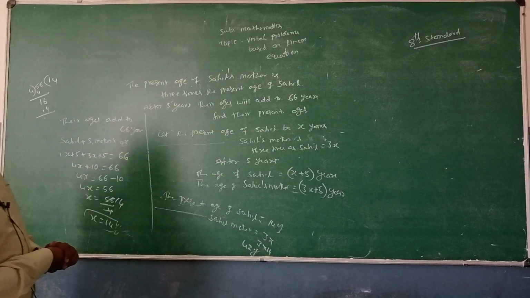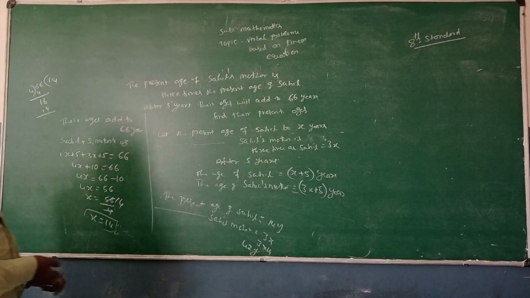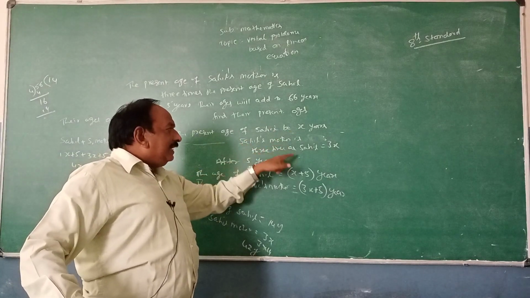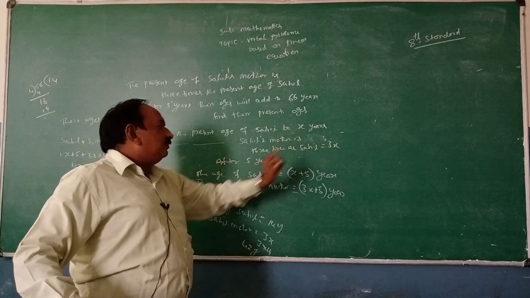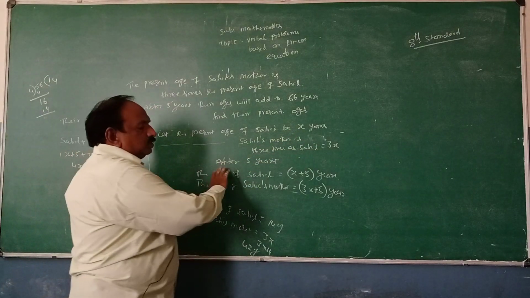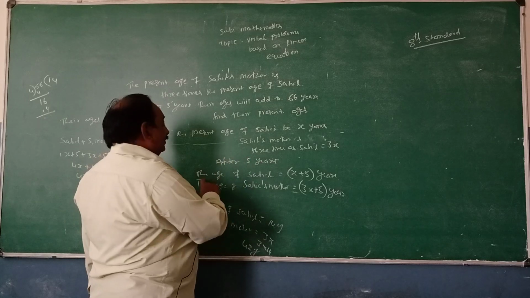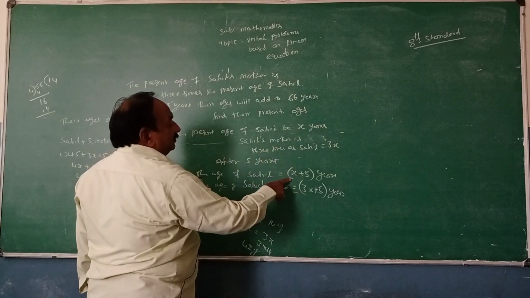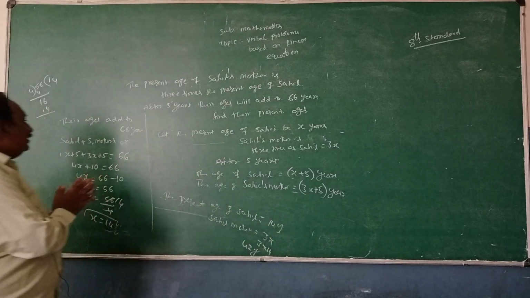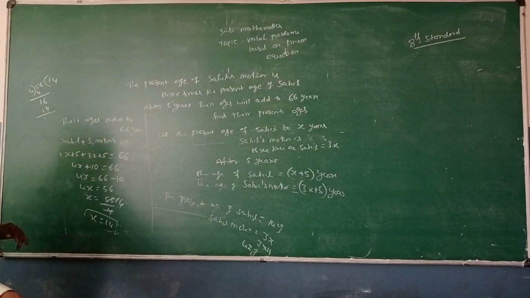Let the present age of Sahil be x years. Sahil's mother is 3 times Sahil's age, that is equal to 3x. After 5 years, the age of Sahil is x plus 5, and add 5 to 3x, 3x plus 5. Their ages add up to 66 years.